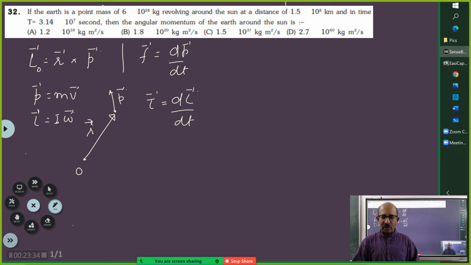Collectively you can also tell the definition. Always with definitions, you must tell the condition. Consider a system of particles, and no external force is acting on the system at any given instant of time.